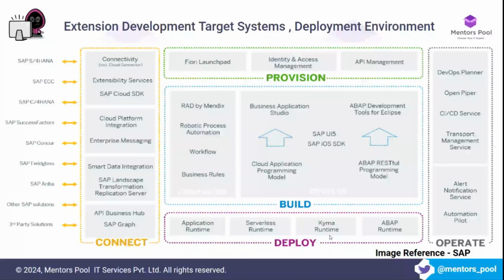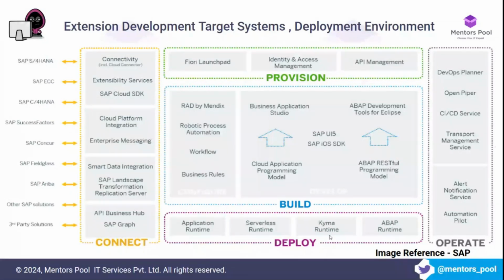SAP Build is a business suite again, available on SAP BTP, and you have multiple offerings there. Ones would allow you to build a CAPM or a low-code application. The others would allow you to build workflows or process automations and so on. So that's about the build, right?